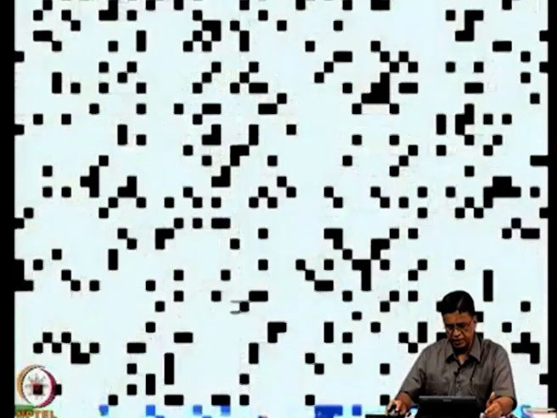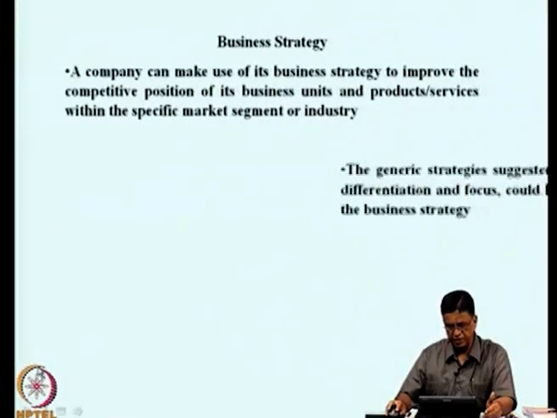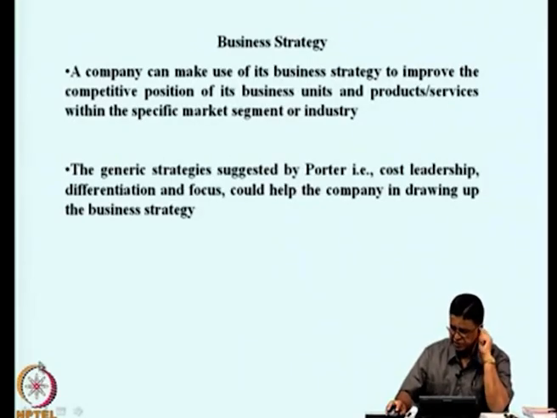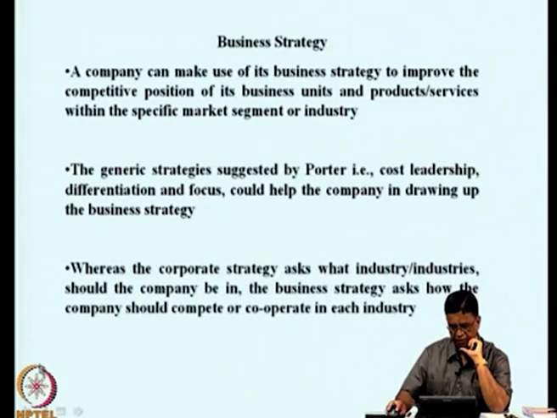Then we also said for this business strategy, the generic strategies suggested by Porter could be helpful in drawing up the business strategy. We distinguished between the corporate strategy and the business strategy, saying whereas the corporate strategy asks what industries the company should be in, the business strategy asks how the company should compete or cooperate in each industry.